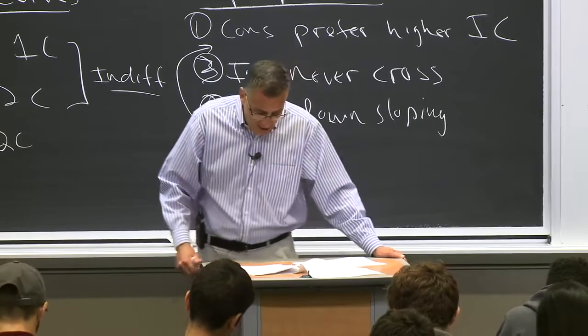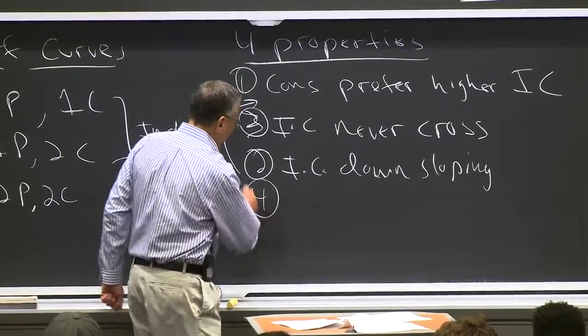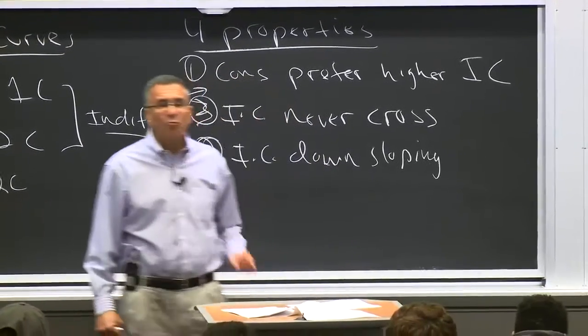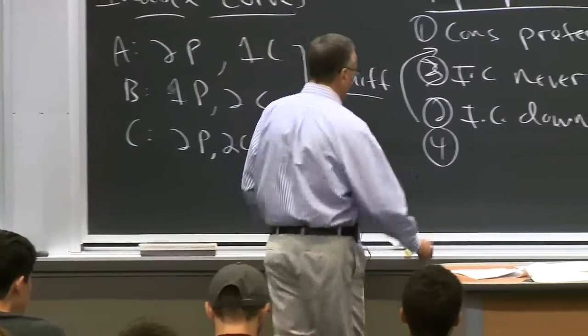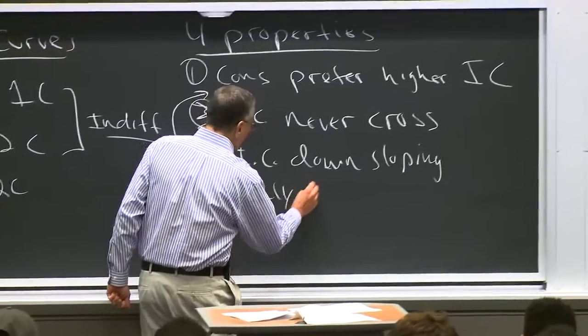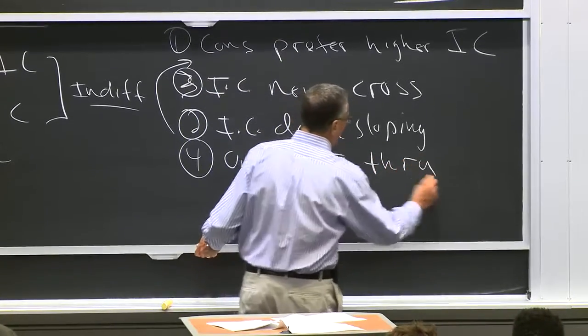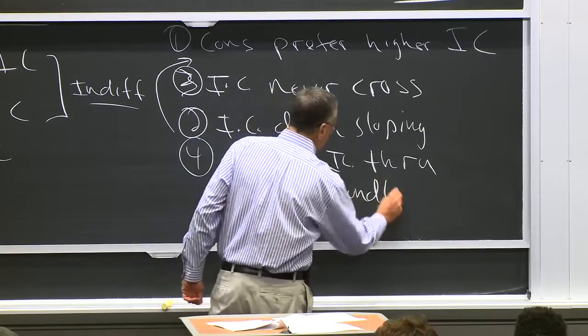And then finally, the fourth is sort of a cute extra assumption, but I think it's important to clarify, which is that there is only one indifference curve through every possible consumption bundle. Okay?